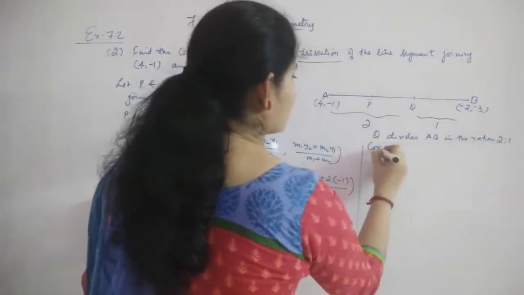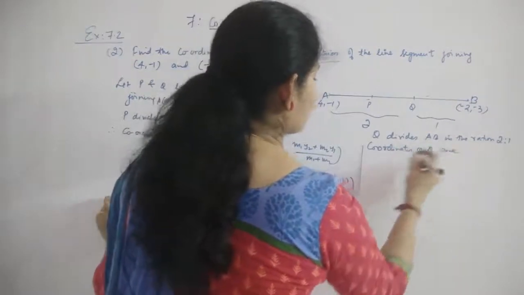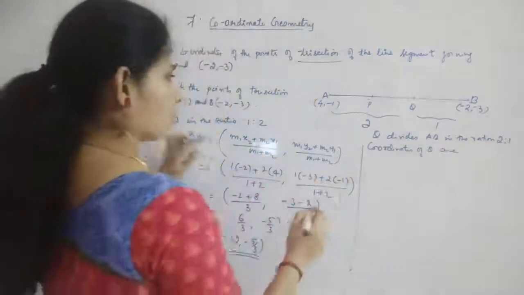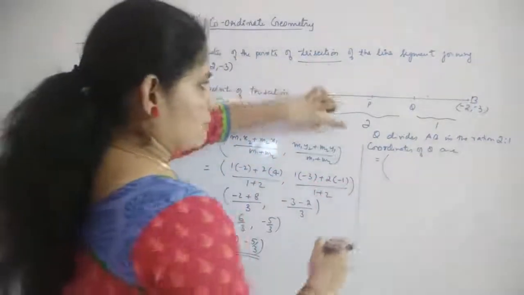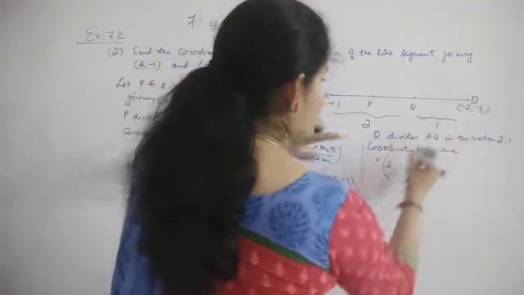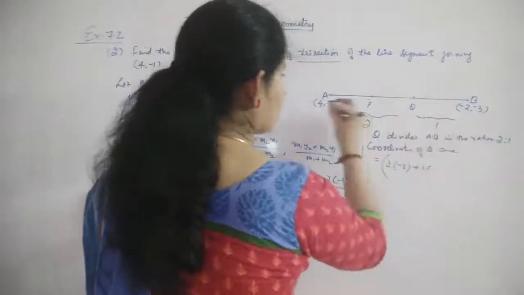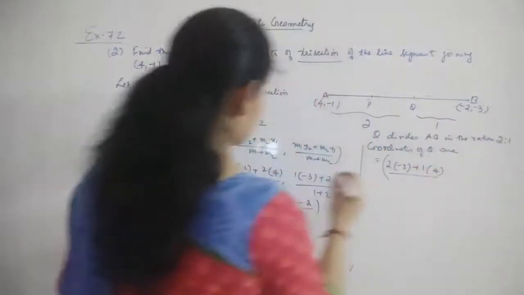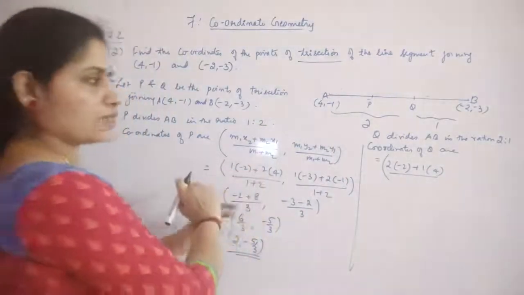So, the coordinates of Q, again with the same formula, what you will get: M1 is taken as 2 into -2 plus M2 1 into 4 divided by... that means the coordinates are not changing, only the ratio value has been interchanged.